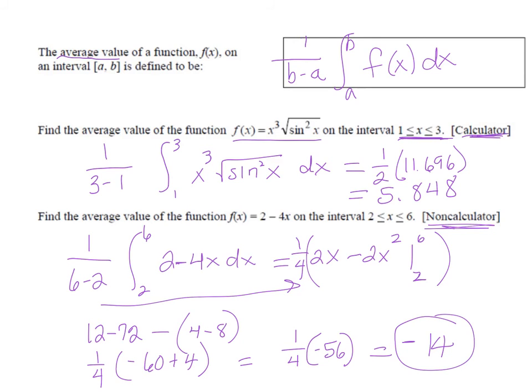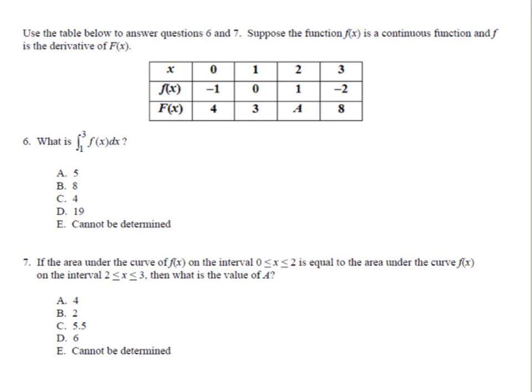So now you have one example where we used a calculator because it can't be integrated, and another where we did not. So our final example uses a table of data, but we need to know what's in the table and interpret it, because we have an x, we have f of x, and we have a big F of x. So what it says is that f of x is continuous, and f is the derivative of big F of x. Okay?